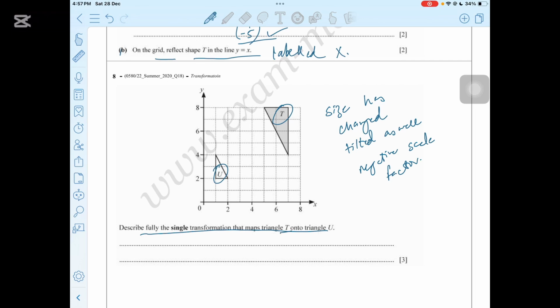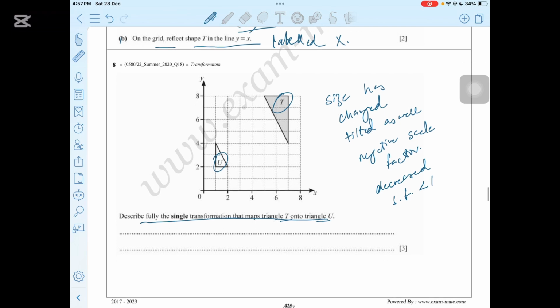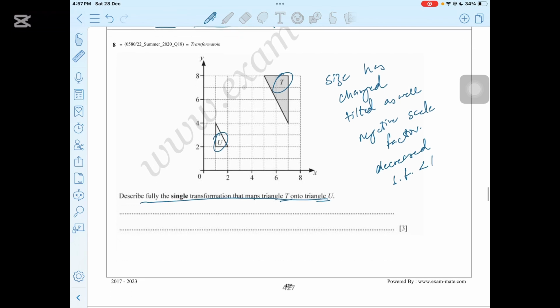Triangle T onto triangle U, it has decreased, so it would be a scale factor lesser than 1, because the size has decreased. So we have the negative, we have this as enlargement.